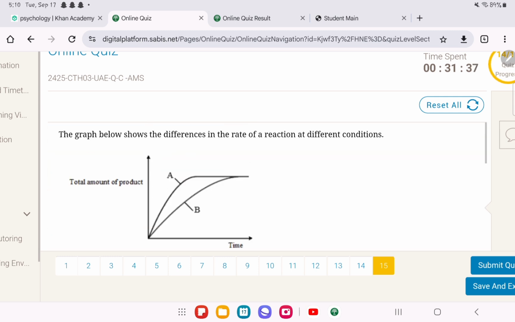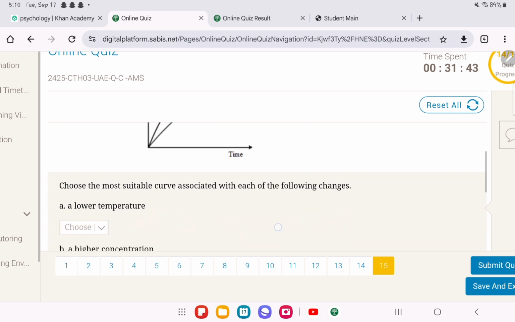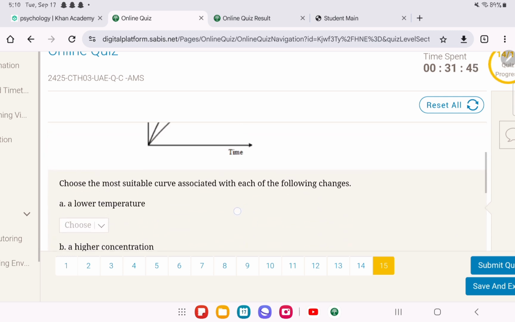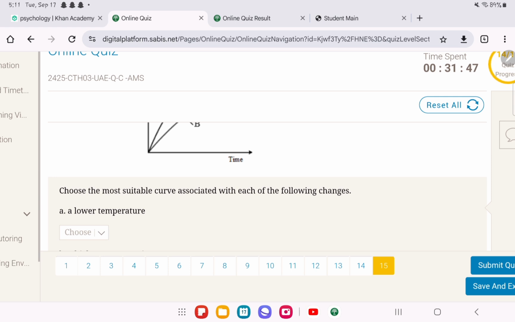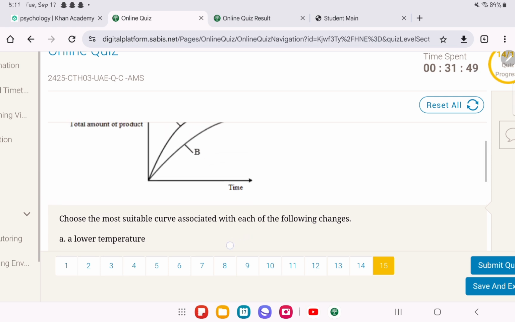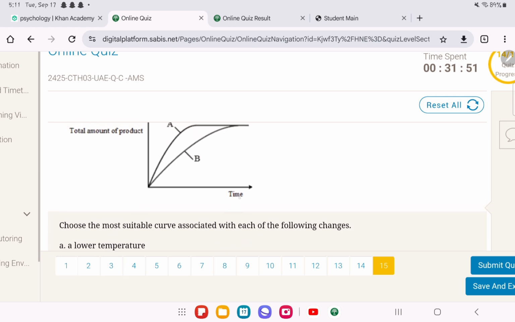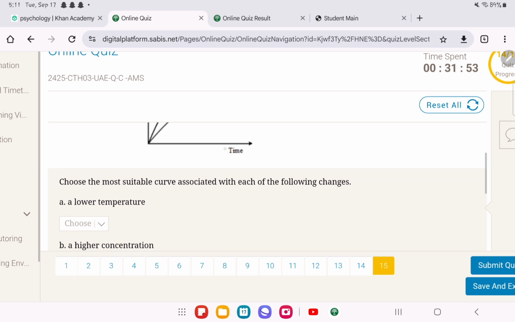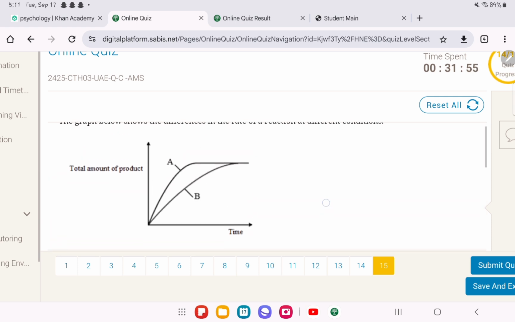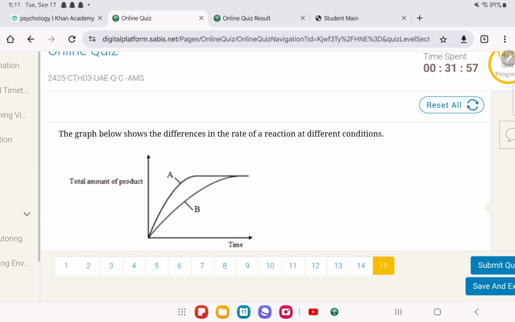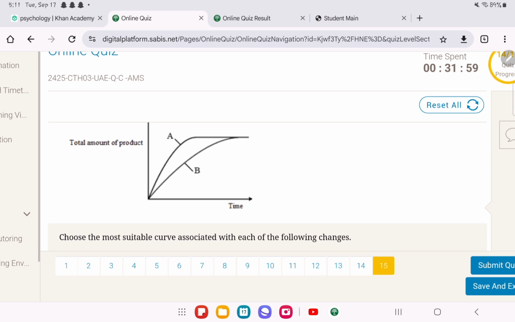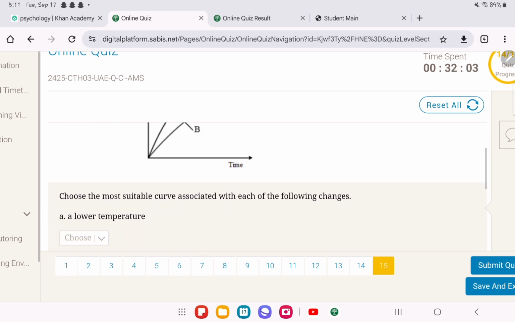Now question number 15. The graph below shows the differences in the rate of reaction at different conditions. So choose the most suitable curve associated with the following changes. If we had a lower temperature, then definitely the rate is going to decrease, so the slope will decrease. And which one has a decreased slope?